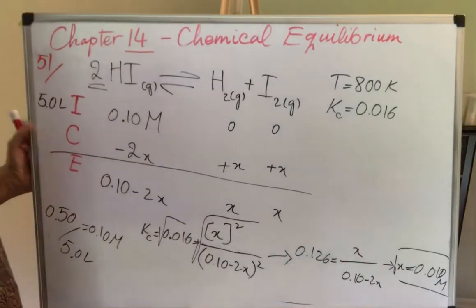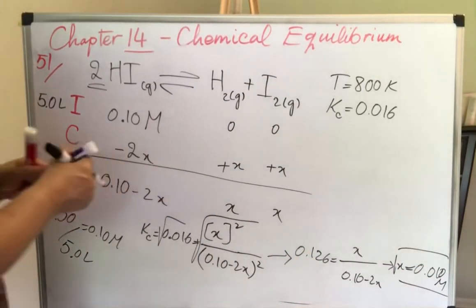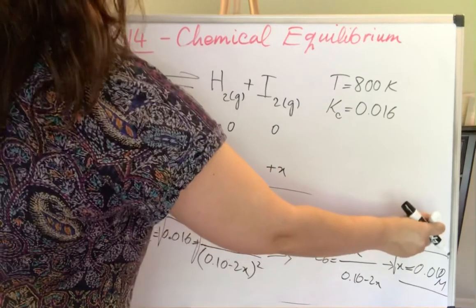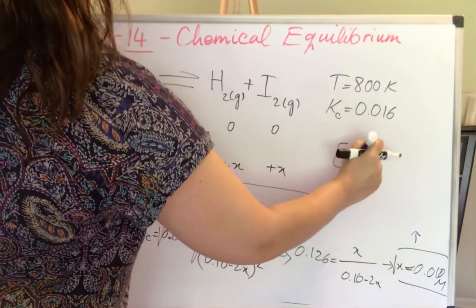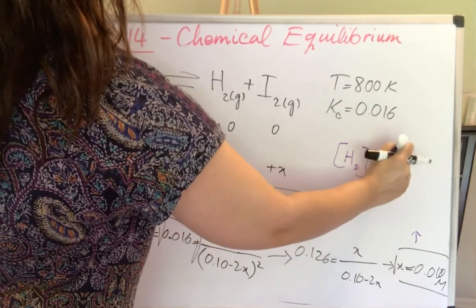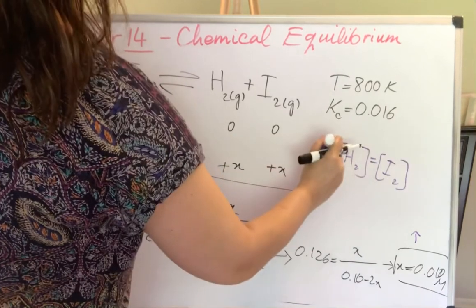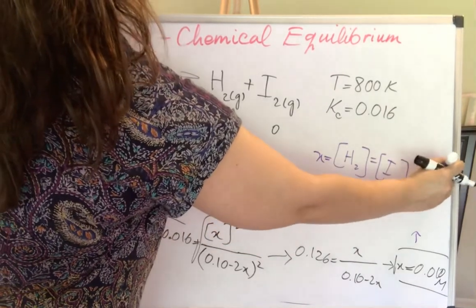Okay? So that was x. What is x? The concentration of H2 and I2, right? Which are 0.010 molar.